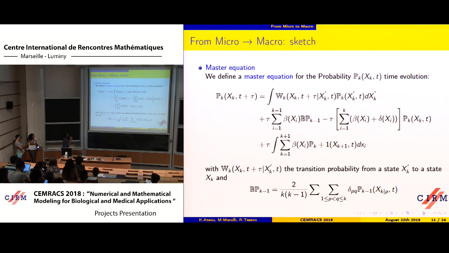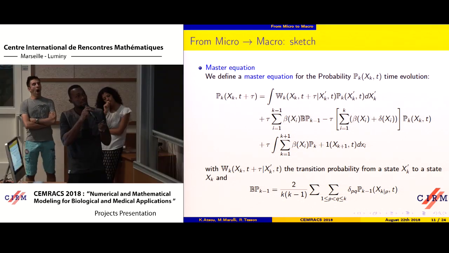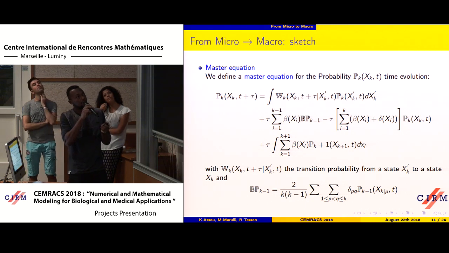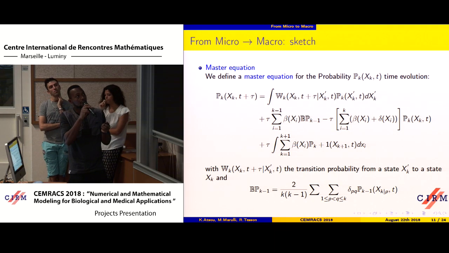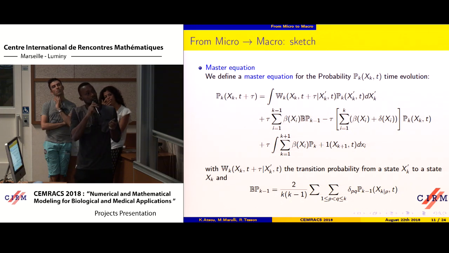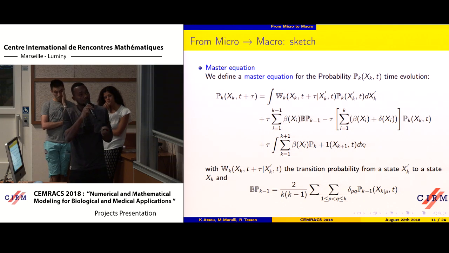To this we also add these terms, which represent the growth process. The first term describes the gain in probability at the time t plus tau due to the birth of a cell at the time t, where we have just k minus 1 particles in the system. Here B_p is called the birth operator. It is described here, and I will explain it after.